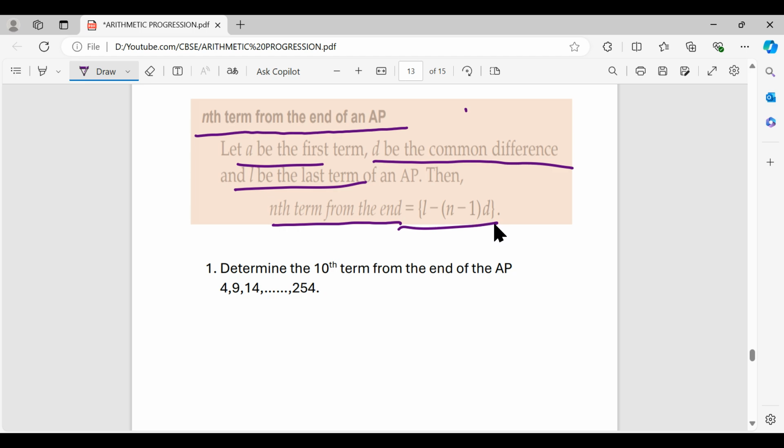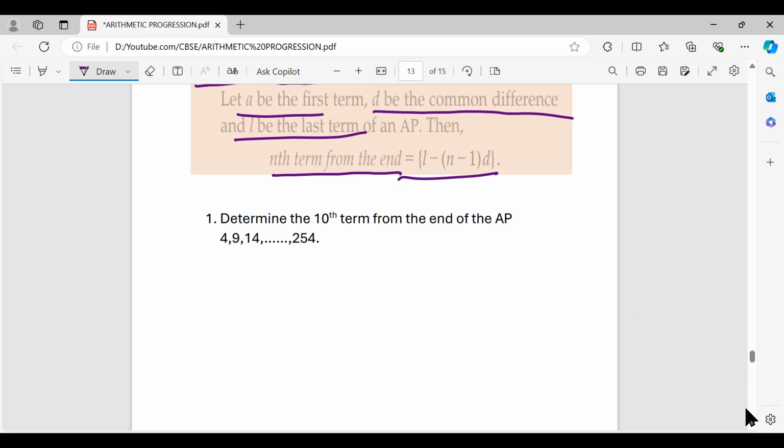Okay, now let's see. Determine the 10th term from the end of the AP. So we have to find the value of the 10th term, that is T10. So what is the rule? Your rule is l minus, since it is asking for the 10th term, n minus 1, and we have to write the d.